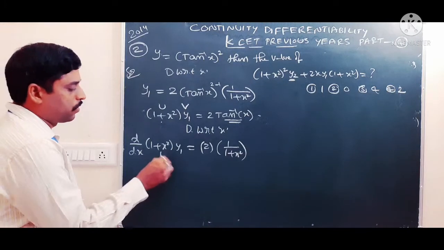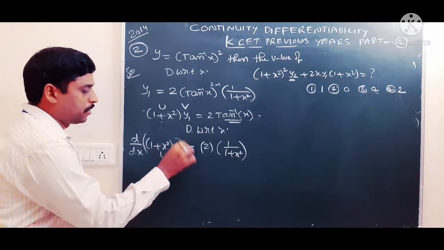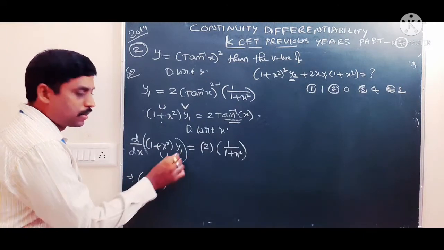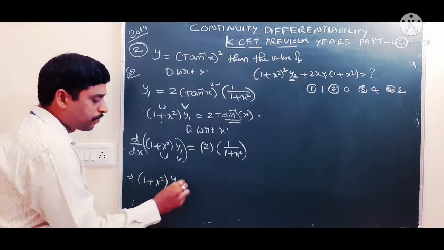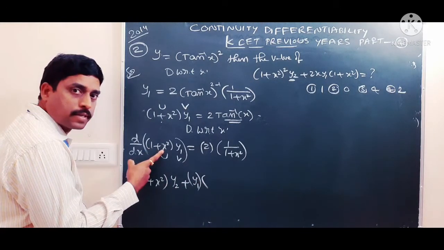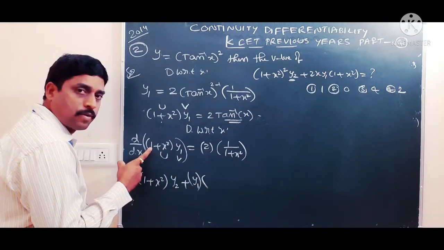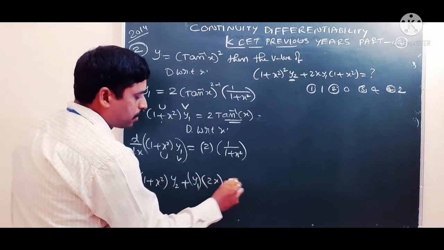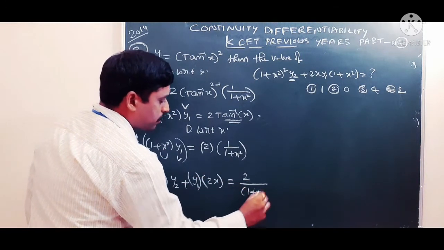Okay, so according to the UV formula, write (1 plus x square) into the derivative of y1, which is y2, plus y1 into the derivative of (1 plus x square). The derivative of 1 is 0, derivative of x square is 2x. The right side will be 2 by (1 plus x square).